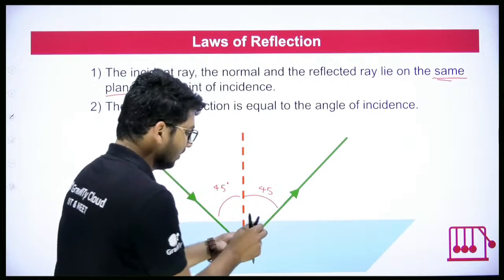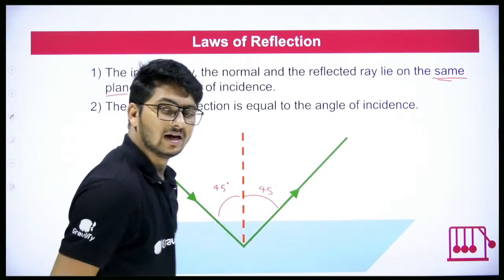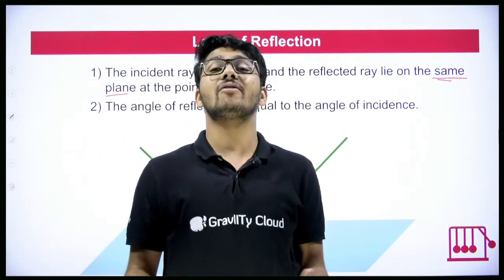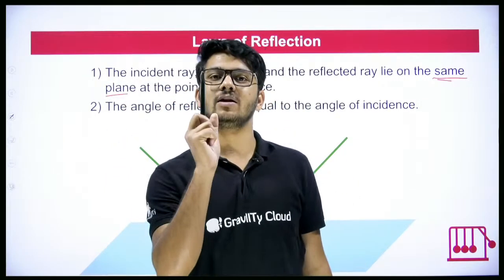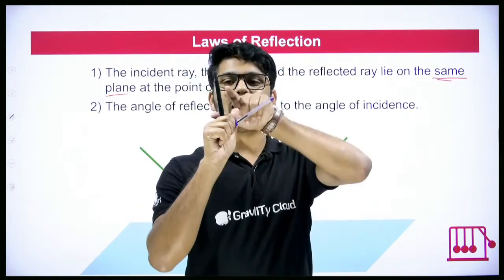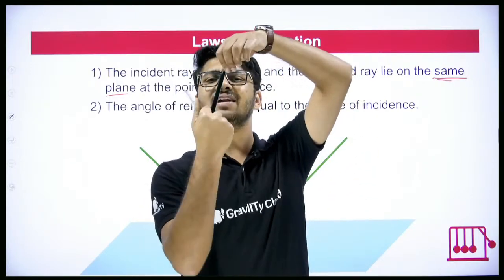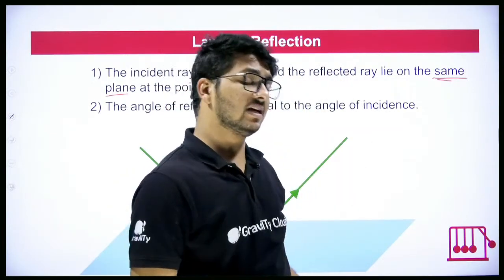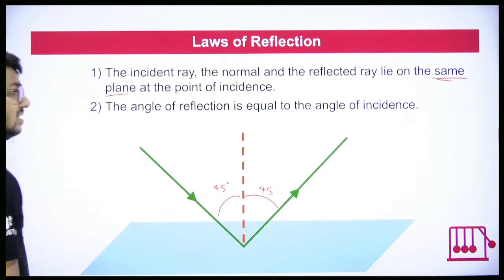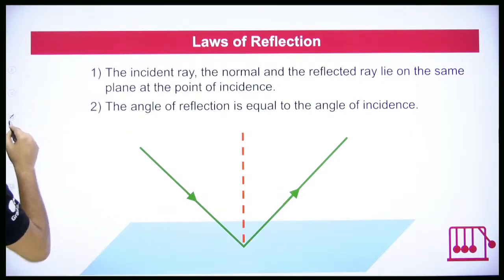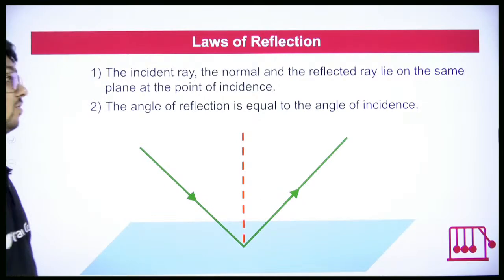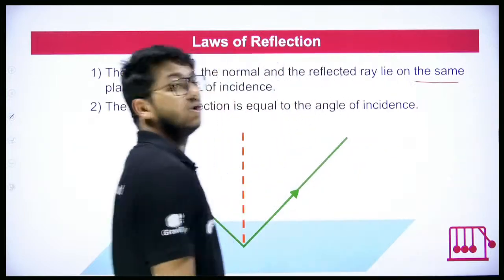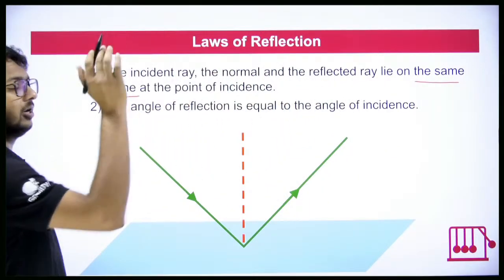Right, so it could be this, it could be this, anyhow. Understood? So if you only tell the angle, it is not enough. If this is the normal, and the angle is 45 degrees, the reflected ray could be anything. Is that enough to tell us in which direction the reflected ray will be? It is not at all enough. So what will we do? There is a special rule it follows. They lie on the same plane at the point of incidence.